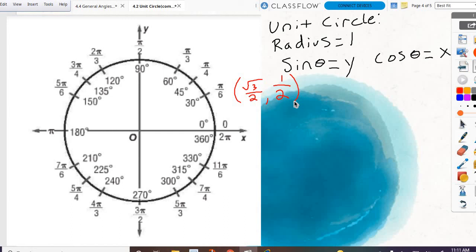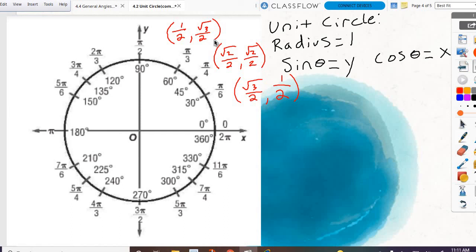Now, what were sine and cosine for 45? Square root 2 over 2. Okay. And what about 60? My sine and cosine were just flipped, right? From our other one? Are we all with me? Do we all see how I got those three? That's important. We need to figure out those three first, right?